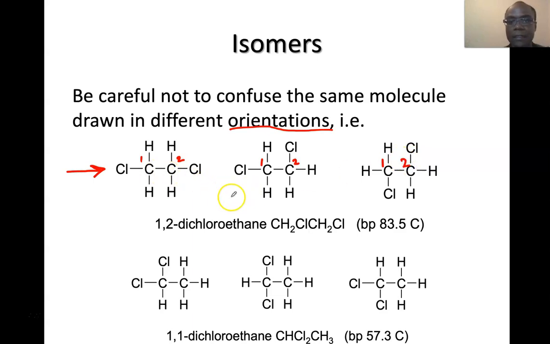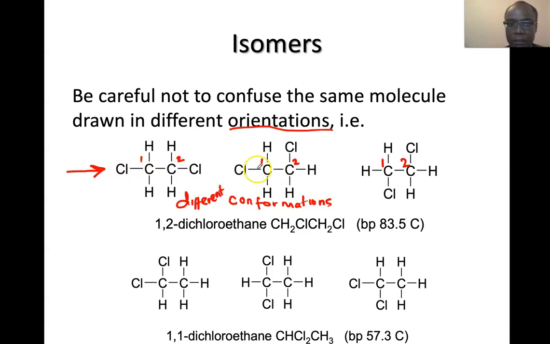So all these are the same. These are not structural isomers. These are just conformations, different conformations of the same molecule. They have different conformation, but it's the same molecule.